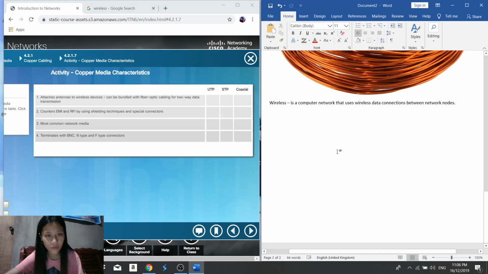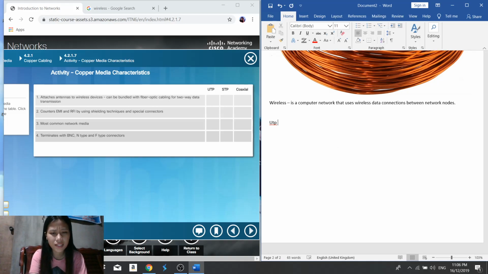This cabling is the most common networking media.